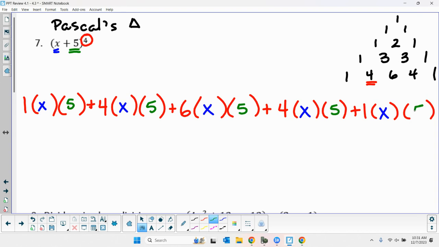Any problems so far? What if it was x minus 5 up there? We put negative 5 in. Good. All right, now, don't forget there's exponents we have to put in also. Okay? So, since that's a 4, our first parenthesis has an exponent of 4.